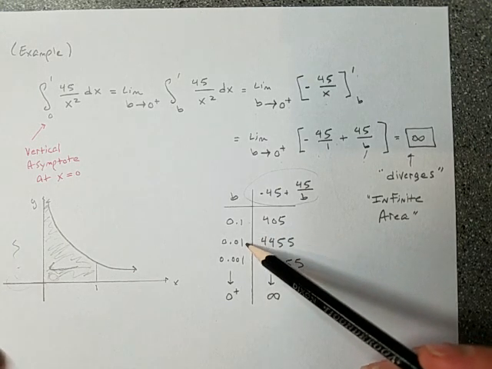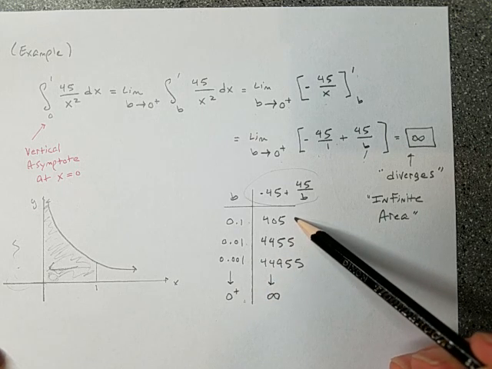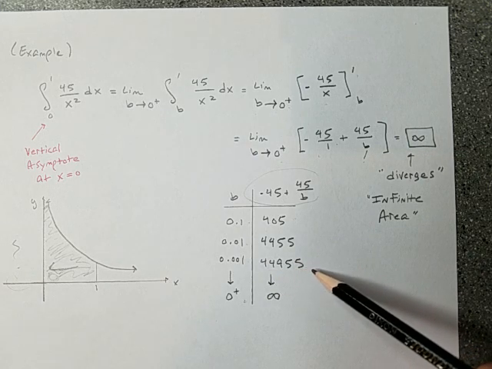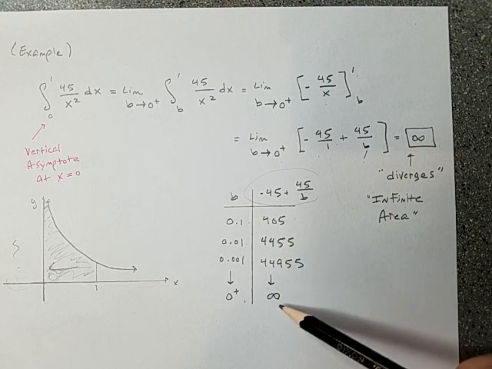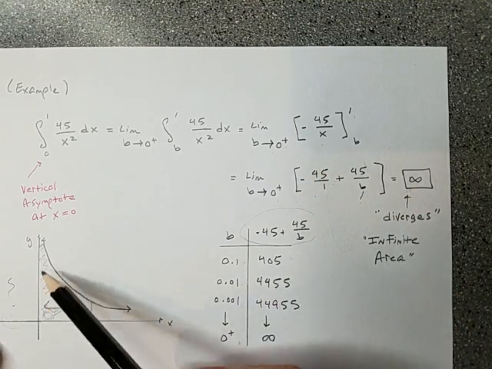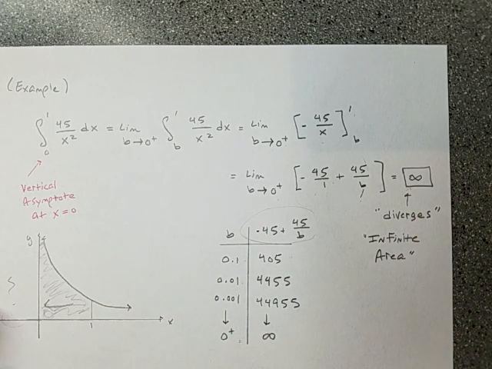As b goes closer and closer to 0 from the right, calculate 405, 4,455, 44,000. Yes, very obviously here, the closer b is to 0, the bigger that number is. Infinity, that's our answer. This space actually has infinite area to it. Okay, so we say it diverges.